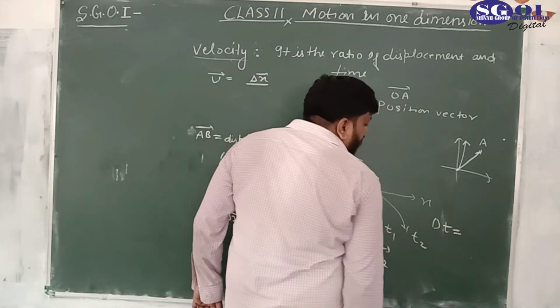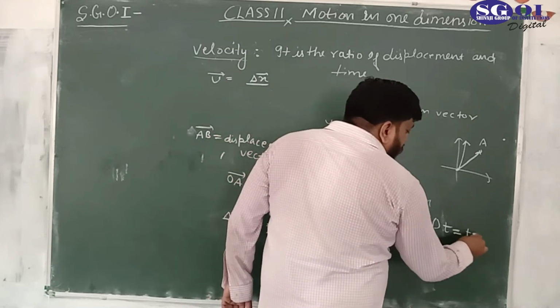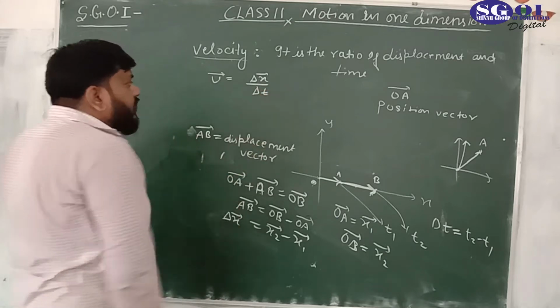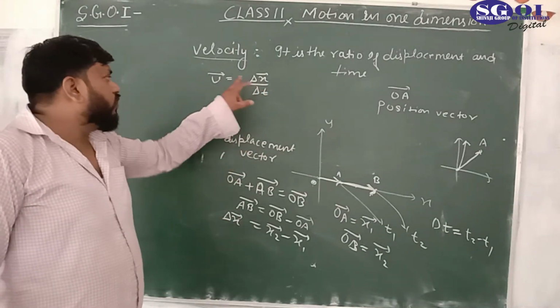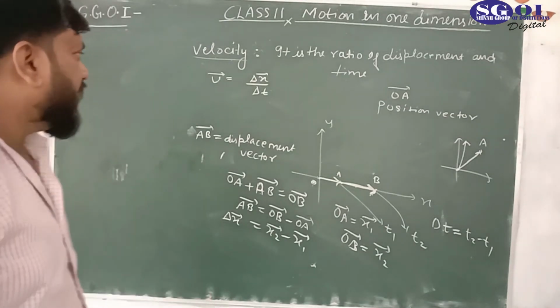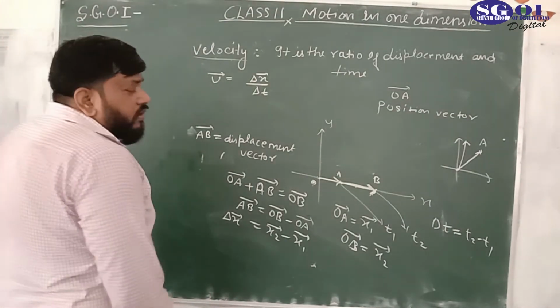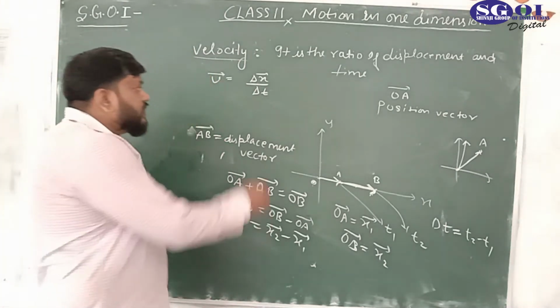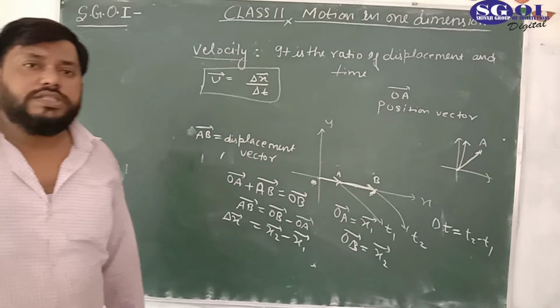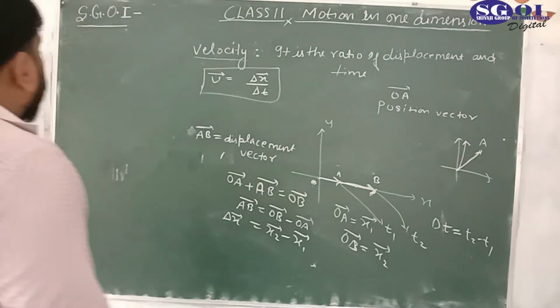So the formula for velocity is V vector equal to delta x vector upon delta t. Delta x is the displacement vector and delta t is the time interval, which is a scalar quantity. Velocity can be zero, velocity can be negative.